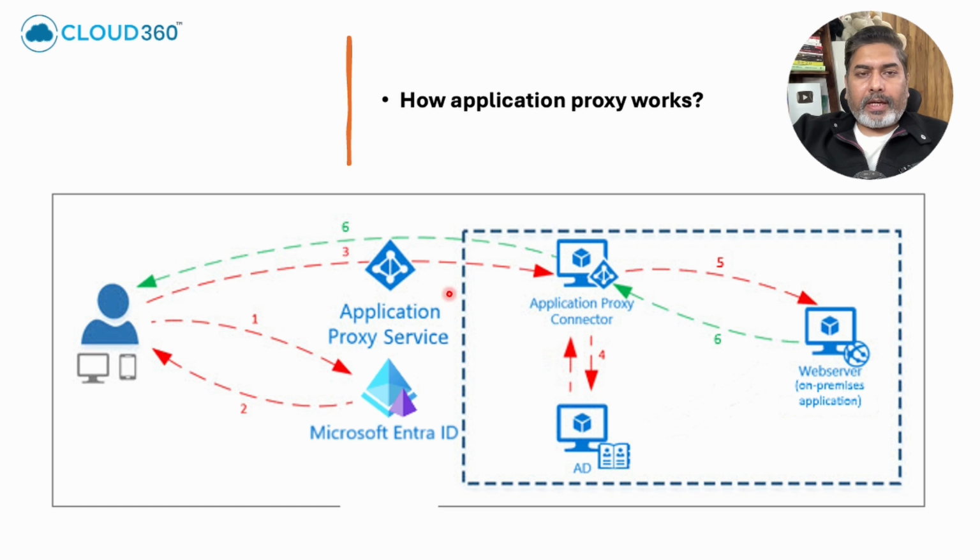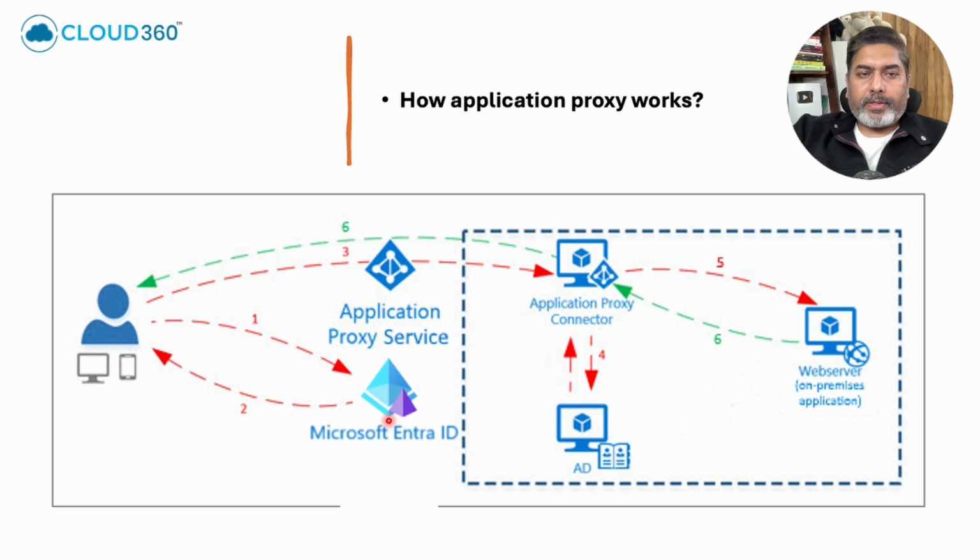So let's understand this entire workflow, how actually it works. You have implemented and configured all these components. Now, once everything is configured, the end user who is sitting anywhere will use the application proxy URL, or you can say the external URL of your application, because whenever you configure this, it configures one external URL for your application, and the user will be redirected to Microsoft Entra ID for their initial authentication.